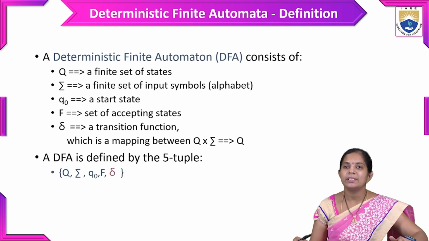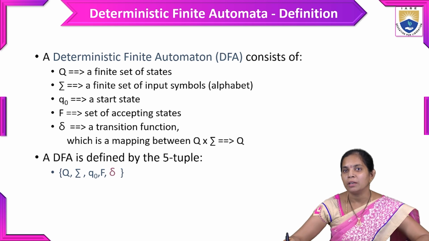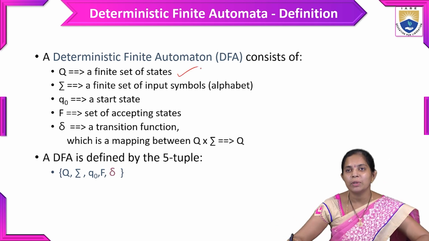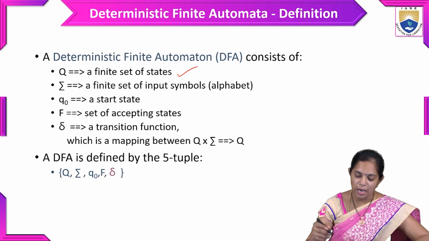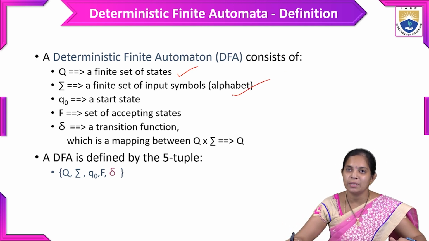Before going to the examples, let me give a brief introduction about the deterministic finite automata. A deterministic finite automaton has a five tuple. Here Q is a finite set of states, and sigma represents the input symbols.